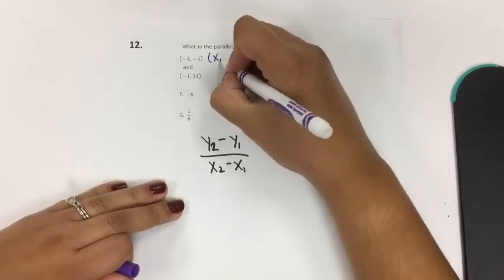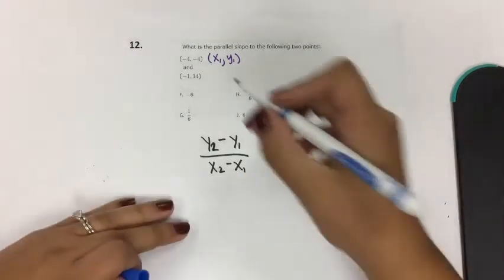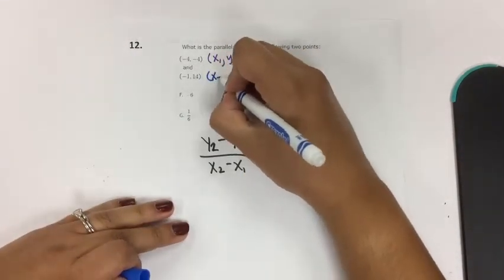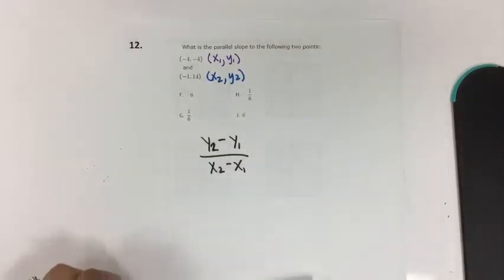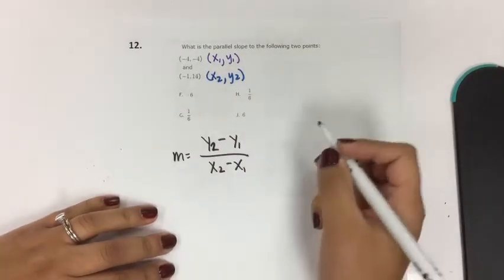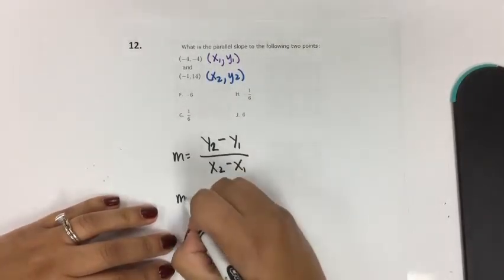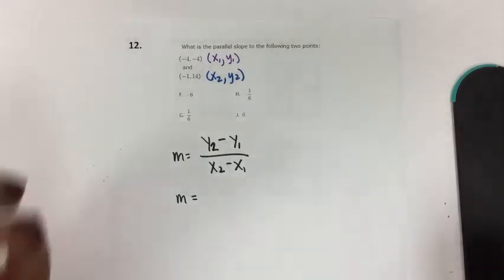Okay, we're going to call this x1, y1. It's always helpful if you label your points. That way it's easier to find when plugging into your formula. So that's x2, y2. Okay, so slope is equal to this. This is a slope formula. M equals, you can find this on your reference sheet that you're going to end up being able to use and have access to on your STAR test.